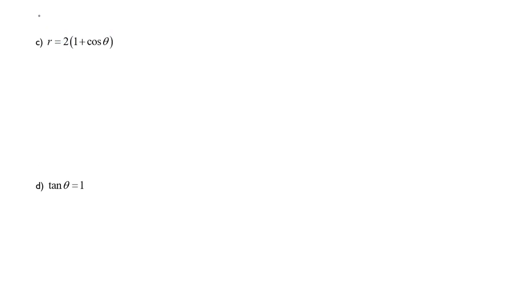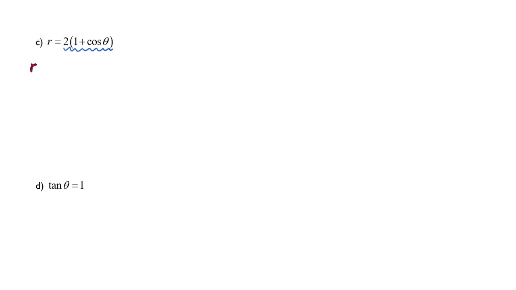The next example gives us r is equal to 2 times 1 plus cosine theta. If we were to square both sides of this equation, we would not be able to do anything with the cosine theta because it wouldn't have an r connected to it. So instead, we're going to multiply both sides of this equation by r.